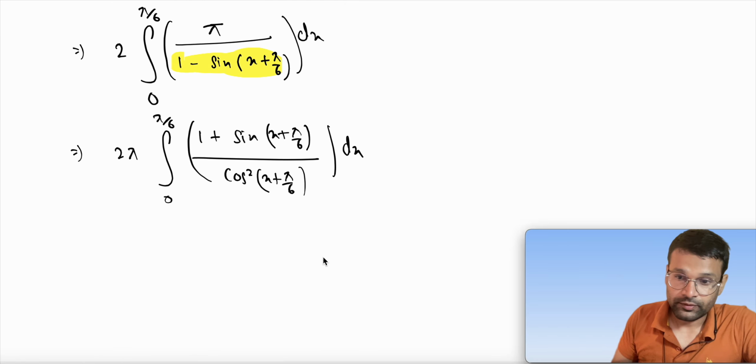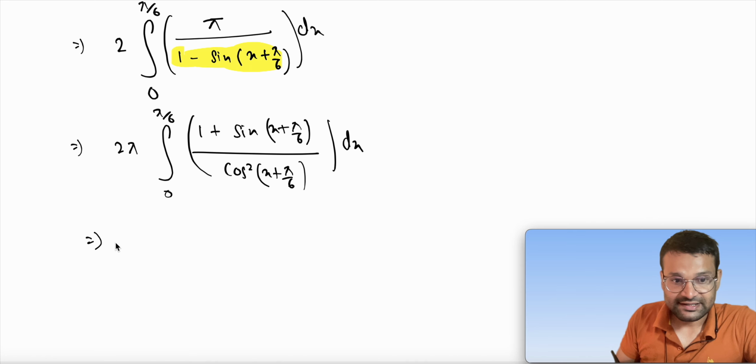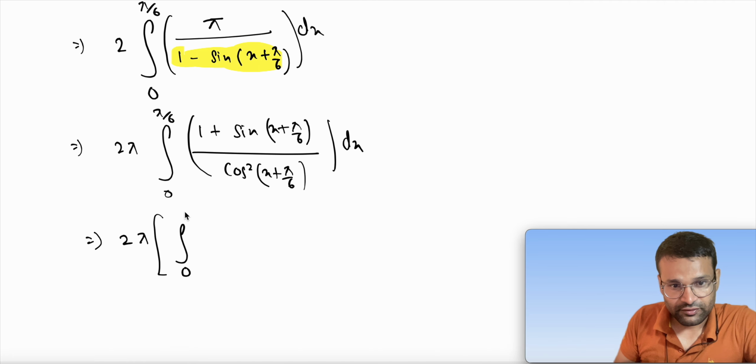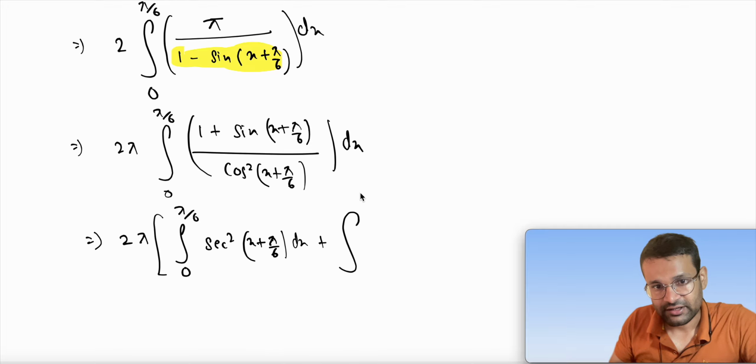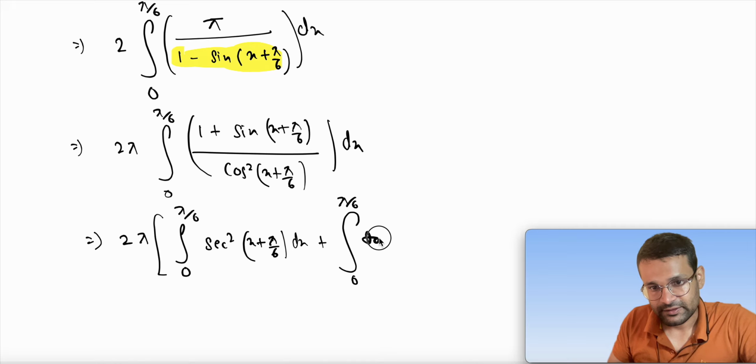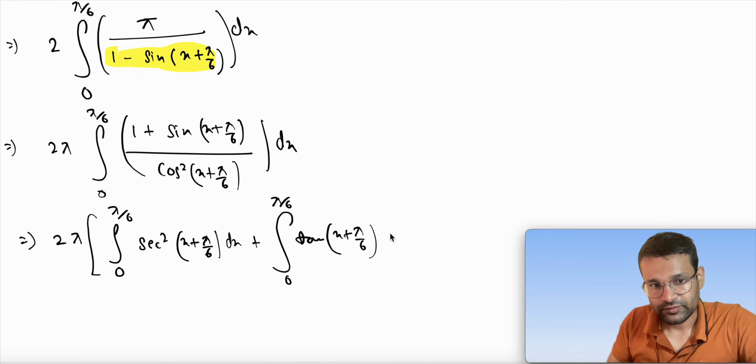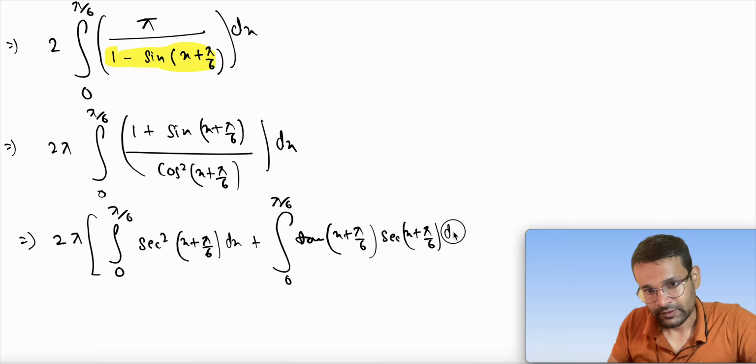Now what do you do? When you partially divide here, you get the result: the integral from 0 to pi by 6 of sec squared of x plus pi by 6 dx, plus the integral from 0 to pi by 6 of tan of x plus pi by 6 into sec of x plus pi by 6 dx.